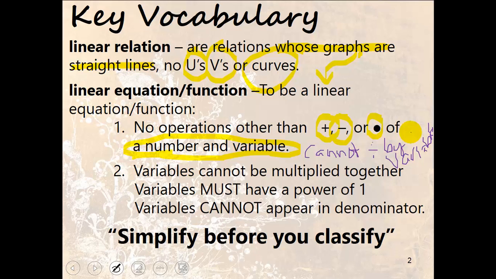Variables cannot be multiplied together because that would give them a power of 2. And all variables must have a power of 1, no greater than 1, no less than 1, exactly 1. Variables cannot appear in the denominator. That's because we can't divide by it. Remember, simplify before you classify, before you decide whether it is a linear equation or function.